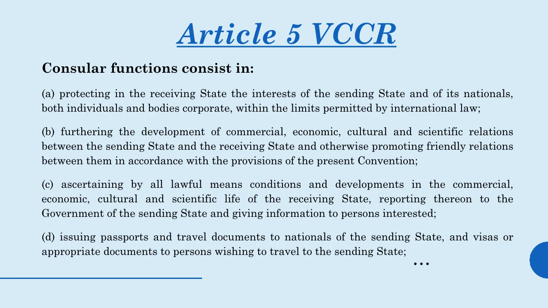Ascertaining by all lawful means conditions and developments in the commercial, economic, cultural, and scientific life of the receiving state, reporting thereon to the government of the sending state, and giving information to persons interested. Issuing passports and travel documents to nationals of the sending state, and visas or appropriate documents to persons wishing to travel to the sending state, and a lot of other functions.